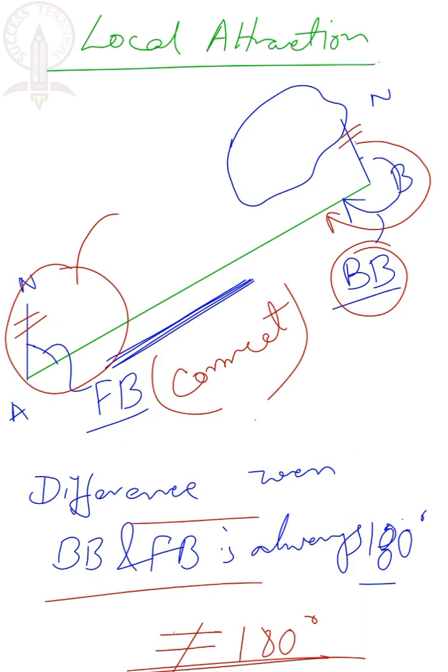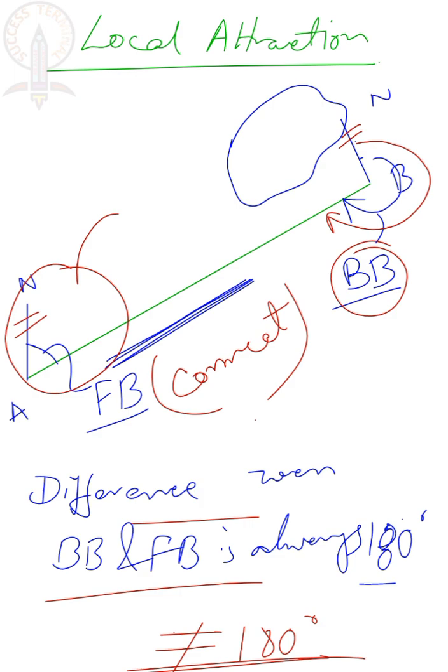Then you can conclude that the starting and ending points of that line are free from local attraction. Clear? From those points you have to calculate other bearings. This is the method for local attraction related problems. Very easy. I'll show it to you later.